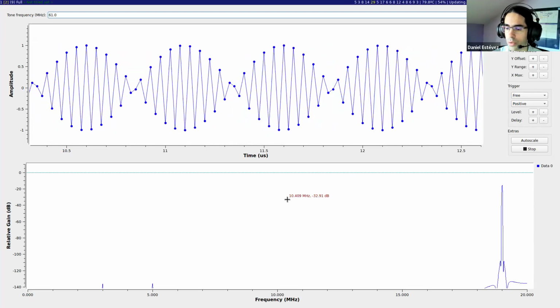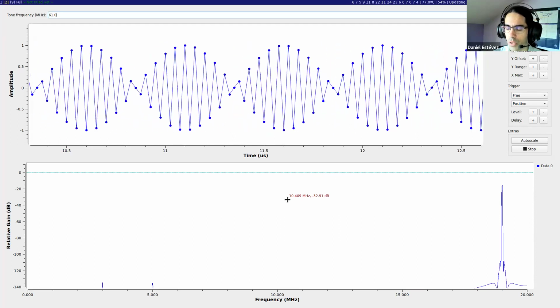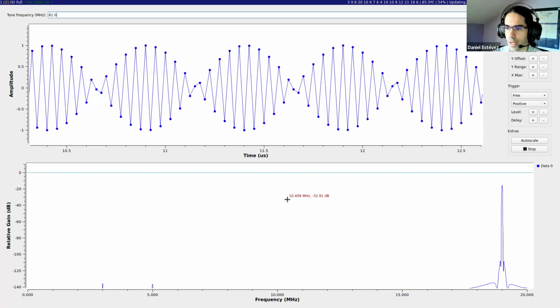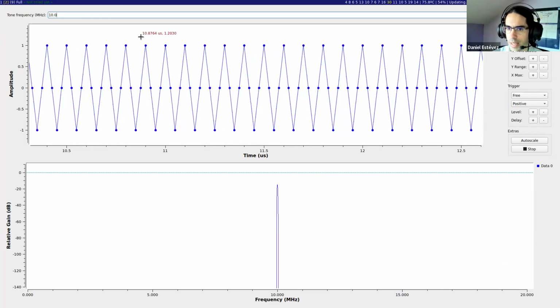Coming back to what I wanted to do, this is a simulation or a model of how an SDR receiver like the RTL SDR works. As long as the frequencies I put in the input are below 20 megahertz, my simulation will be accurate because these can be represented in the digital domain.